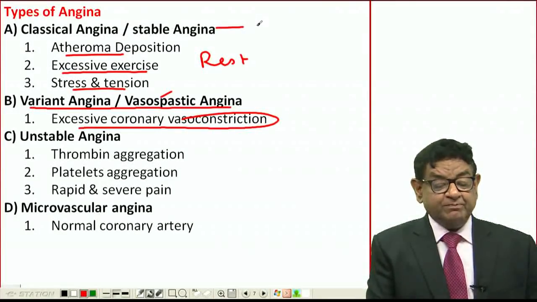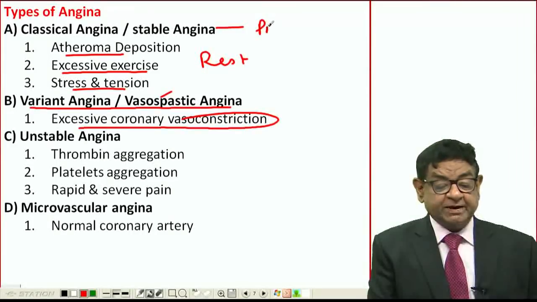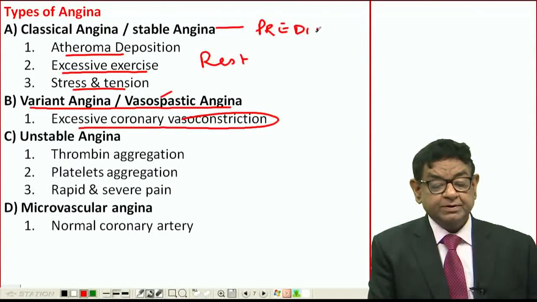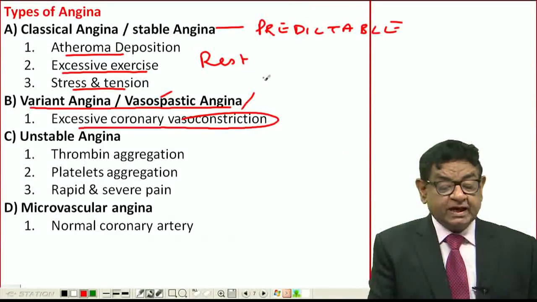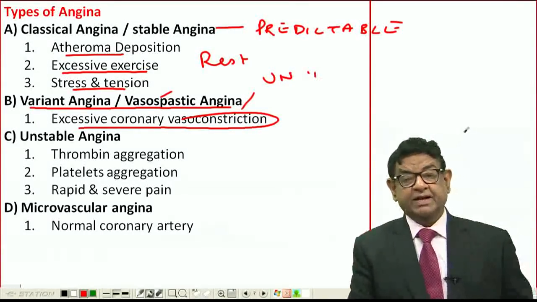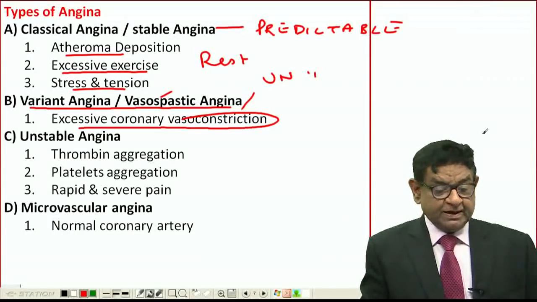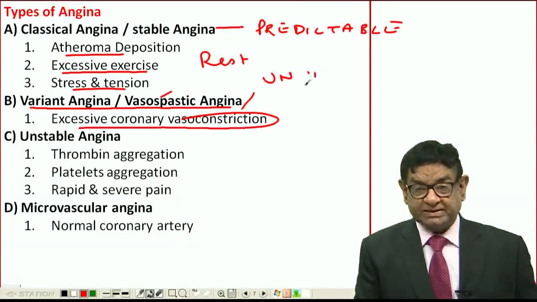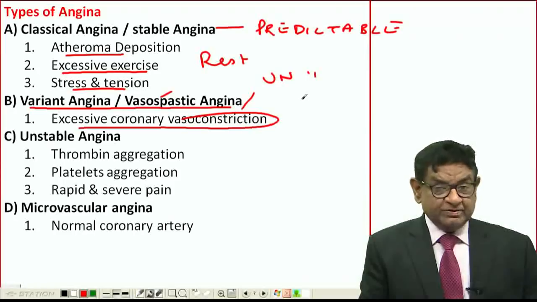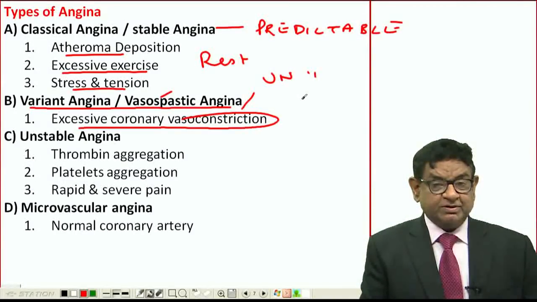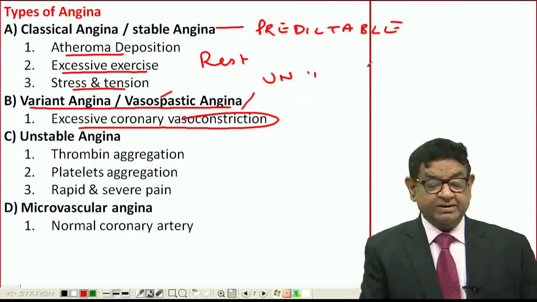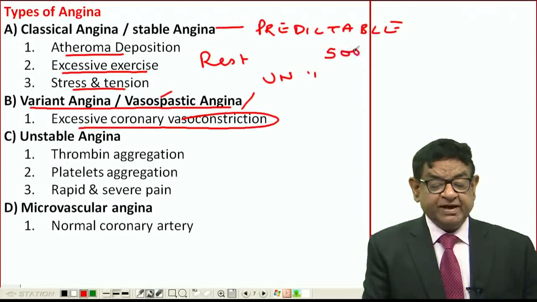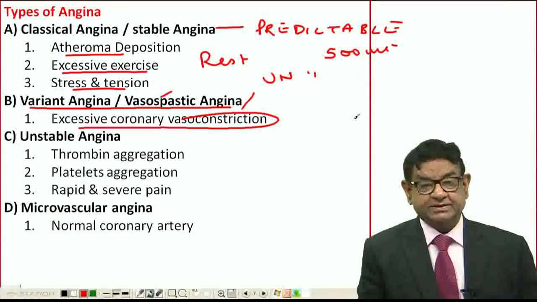Now, this type of angina is predictable. But this one is unpredictable. What do you mean by predictable? In this we know there is a fixed deposit. The patient will come to you, he says, doctor, when I walk for maybe 500 meters, after 500 meters I have pain chest.